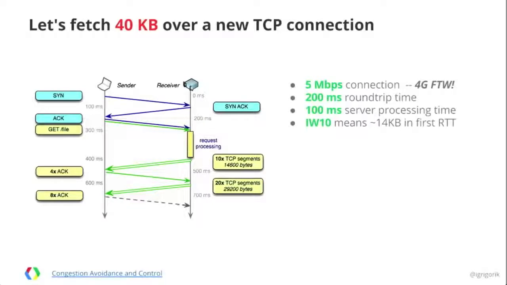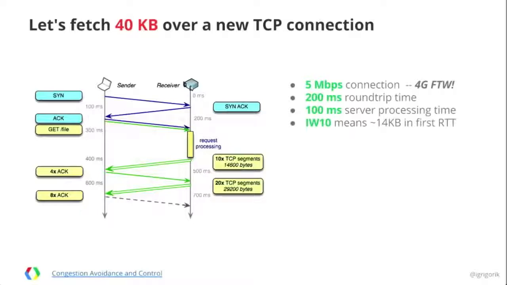Okay, so let's start. I'm assuming that DNS and all the other things have already happened. I just want to get the actual HTML file. So what we're going to do is first establish the TCP connection. That takes that first round trip since an ACK, right? So no data has been exchanged yet. At this point, I can actually make the HTTP request. So I send it. That's 100 milliseconds. Then your server takes some time to generate that response.